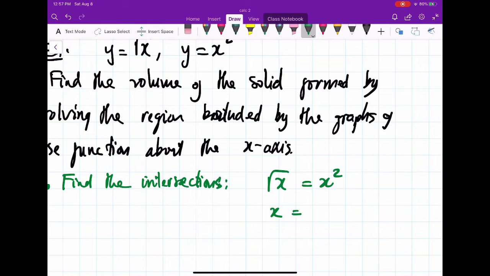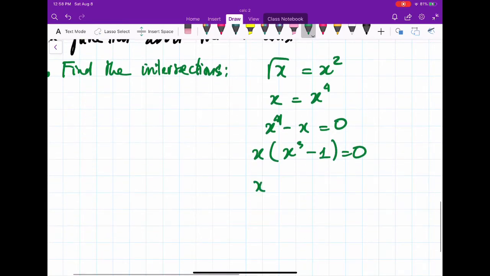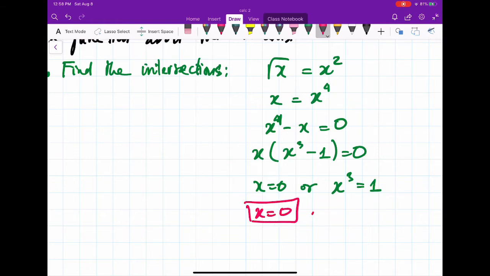I get x equals x to the 4, and then x to the 4 minus x equals 0. So I factor x out. I have x times (x cubed minus 1) equals 0. Then I get x equals 0 or x cubed equals 1. So you have x equals 0 or x equals 1.